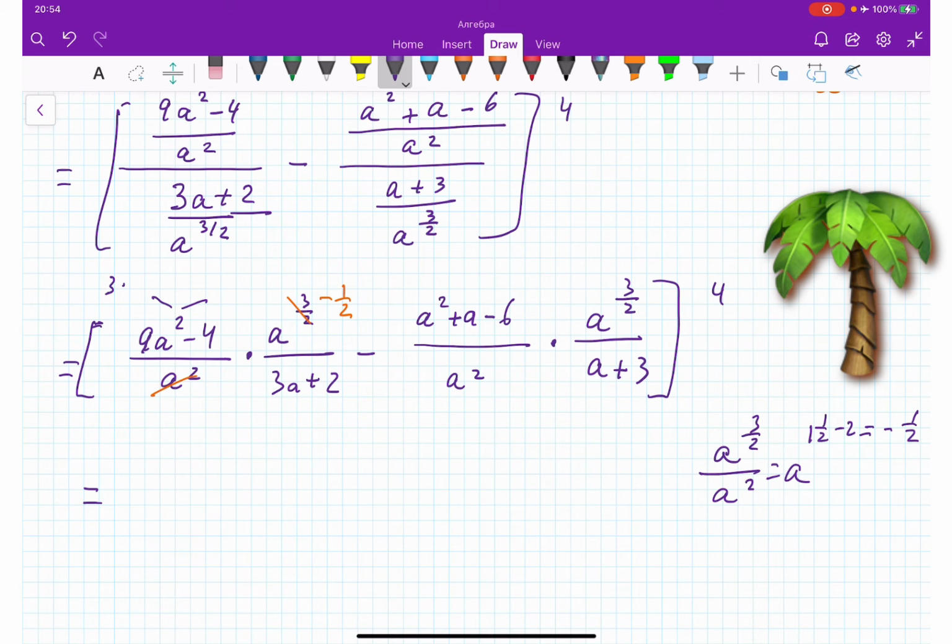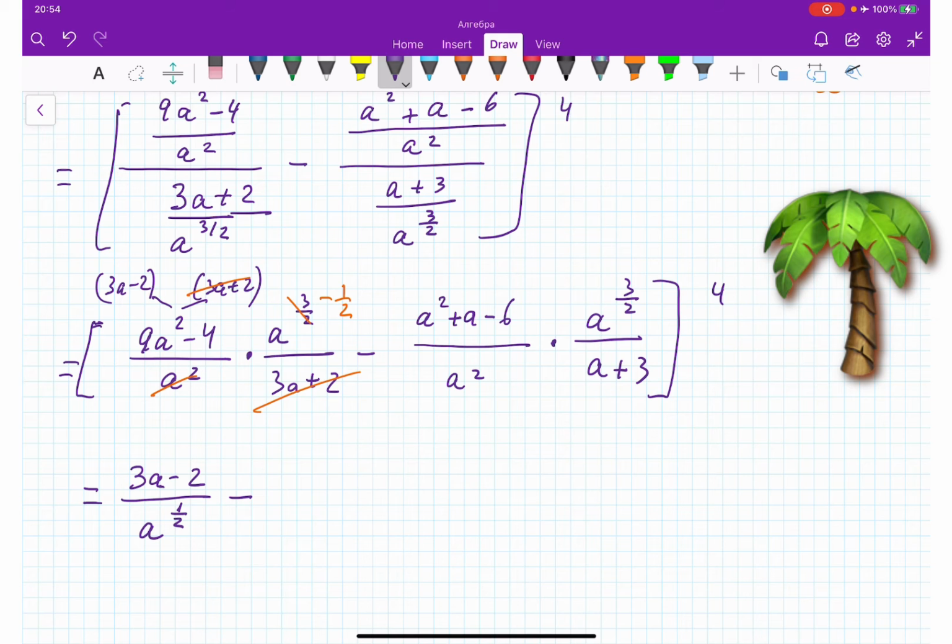It's going to be 3a minus 2 times 3a plus 2, and I'm going to cancel 3a plus 2. So let me write down clean what I'm going to have here: 3a minus 2 and a to power negative 1/2. I'm going to write down here the denominator a to power 1/2. This negative sign, it's going to bring down, yes, minus.